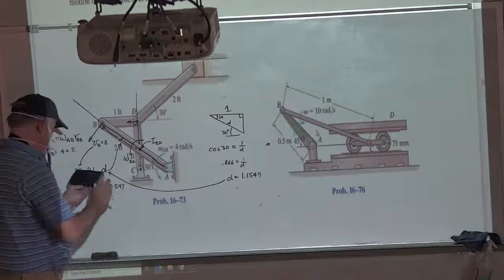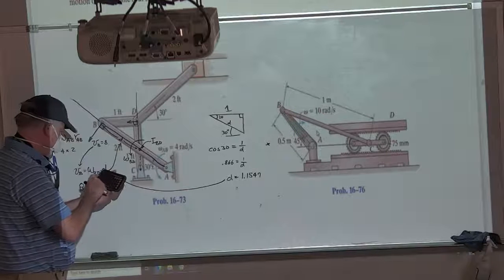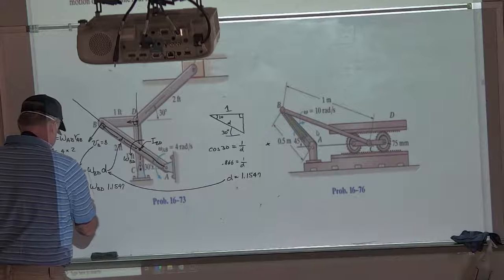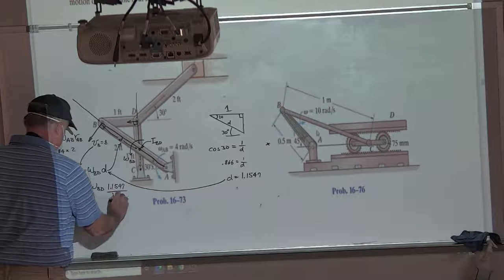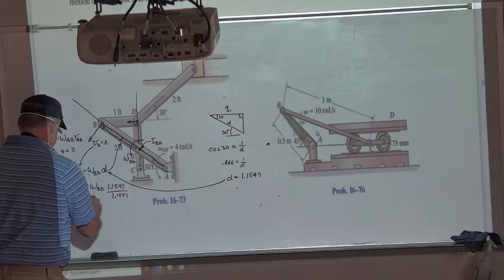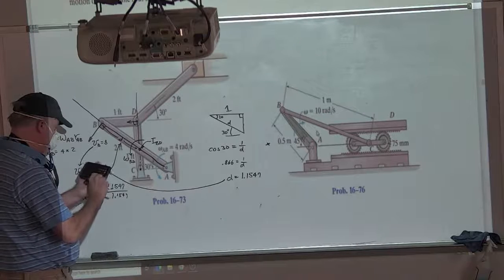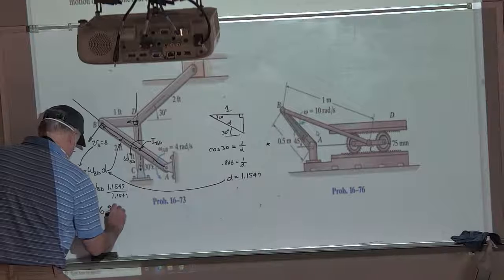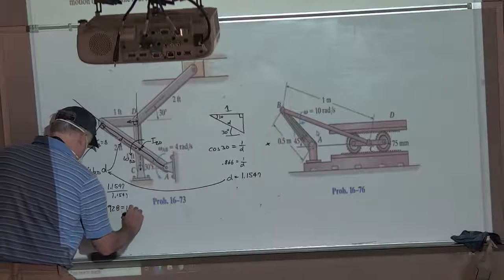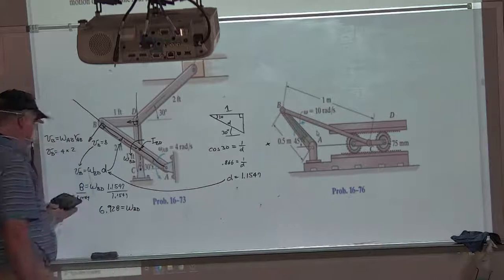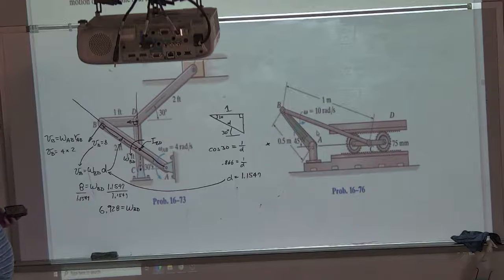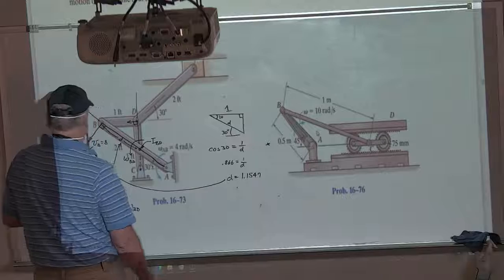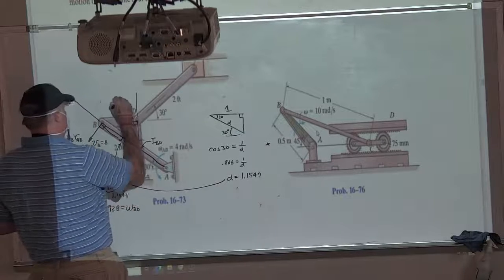Now I can take this and flip it back upside down and put it like that, times 8 gives me 6.928 is equal to omega BD. Why do I need that? Well, because I really need this velocity.